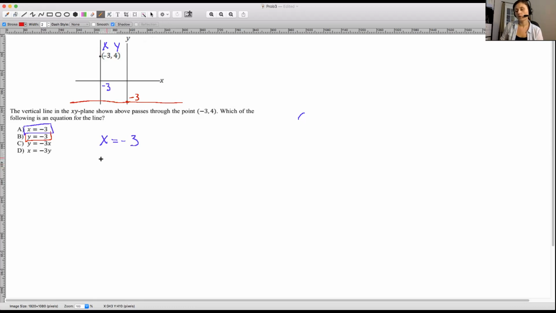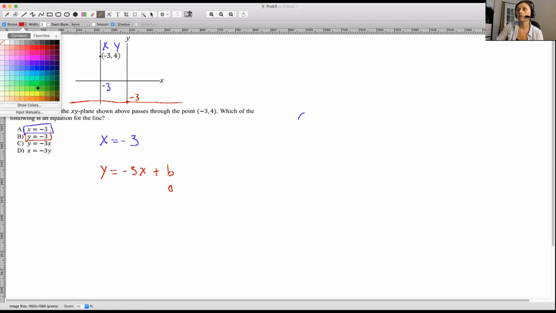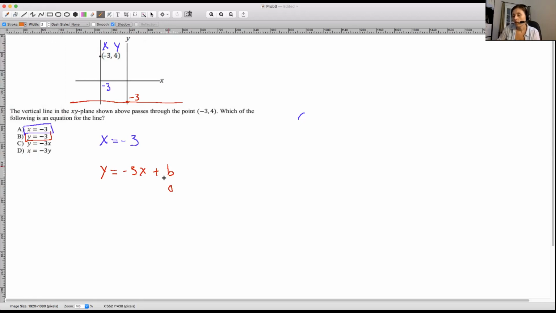slope-intercept form, it would be y equals -3x plus b, where b would be 0, right? So if we try to plot it with a different color, y would be 0, so it would be intercepting somewhere over here at 0.